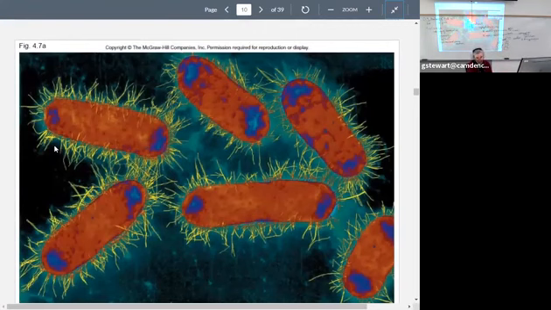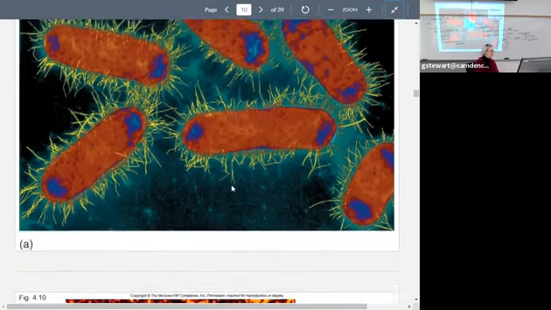So fluorescent dyes and UV light, compound bright field microscope. But you can see, I love this picture, right? So the fimbriae are yellow around the edge. The blue, that's like DNA inside. And then obviously the orange is the rest of the cytoplasm. So this looks like some E. coli with some serious fimbriae on them.